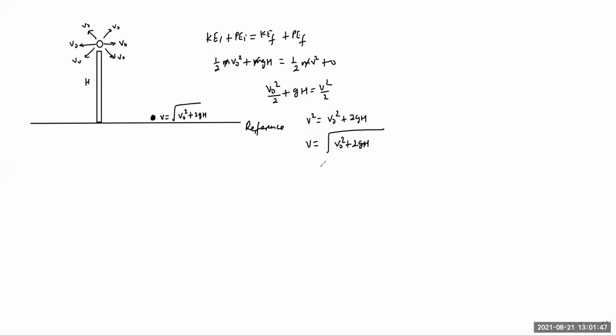So we can realize that no matter how you throw, the speed with which you will hit the ground will remain the same. What will change? The velocity vector will change, because for every direction it will hit differently. Someone throwing down will hit like this. If you throw horizontally, it will hit at some angle, maybe like this.